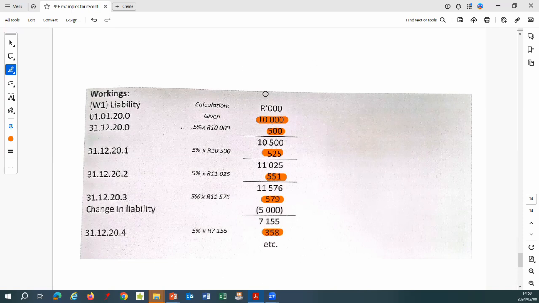So that's our amortization table. So the principle coming out of this is to understand that if we have a change in our decommissioning cost, that change needs to be taken into account, not just on the liability side, but we need to understand that we did originally include it in our cost. So we need to adjust our cost as well.